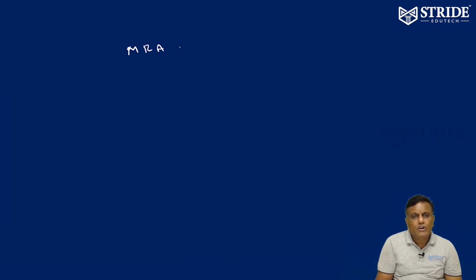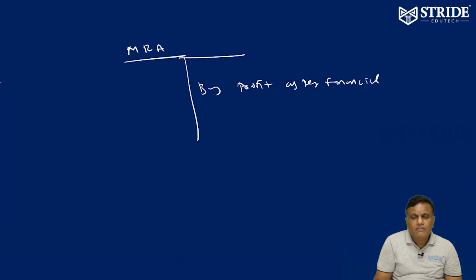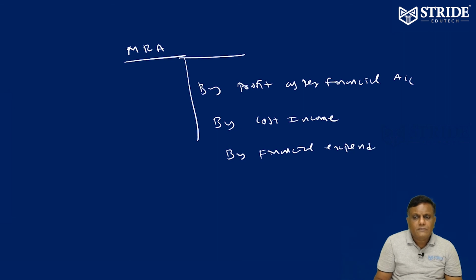Sometimes the memorandum reconciliation account can be prepared in this manner also. By profit as per financial accounts, the starting point. Here by cost incomes, for example, overvaluation of closing stock. Cost income and financial expenditure you can put by.